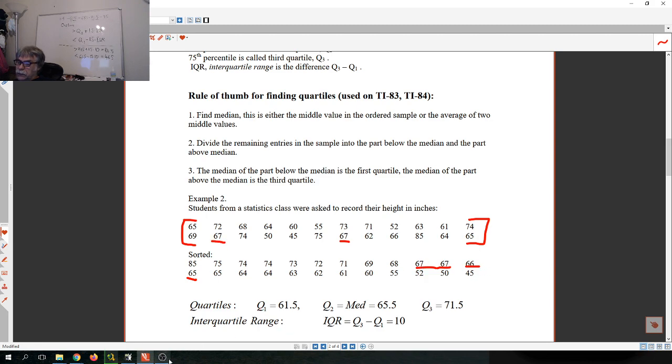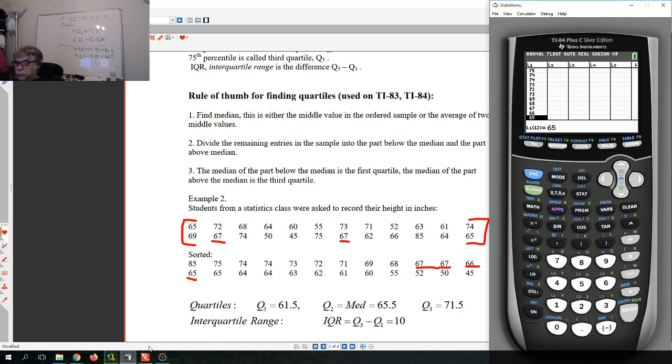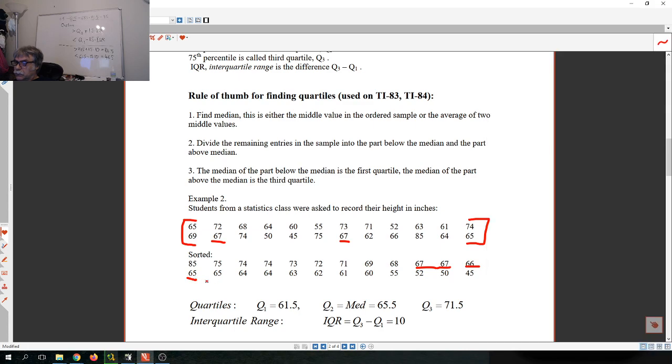So that's a mistake. Mistake on my input, right? So I got something wrong, so we're going to change that. So we have a 67 here, there are 2 67s, and then we have a 66, and then we have a 65 twice, and that's perfectly okay. So we have 65 twice, and the rest of that is fine.